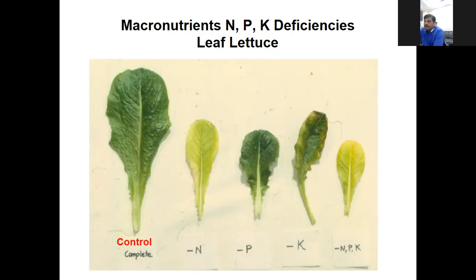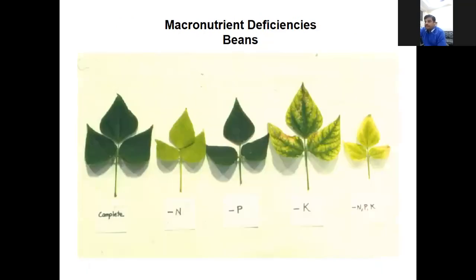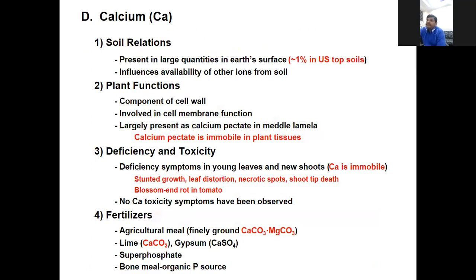The fourth leaf shows leaf tip margin necrosis, which marks the deficiency of potassium. And lastly, the leaf shows deficiency of all, nitrogen, phosphorus, and potassium, which turns yellowish, dark yellowish, and ultimately after chlorosis it will become necrotic and fall down and death occurs. It is all about deficiency symptoms shown by various leaves.